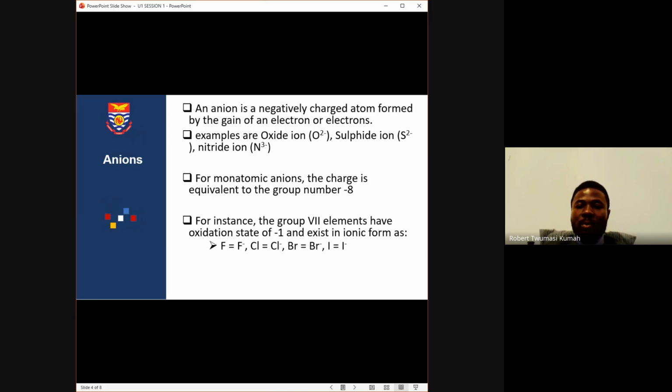For example, the maximum number of bonds that ideally an oxygen can form is 2. The maximum number that nitrogen can form is 3. We may have a case where they are going to form more than that under certain conditions.